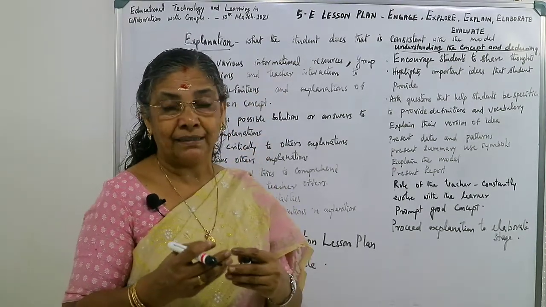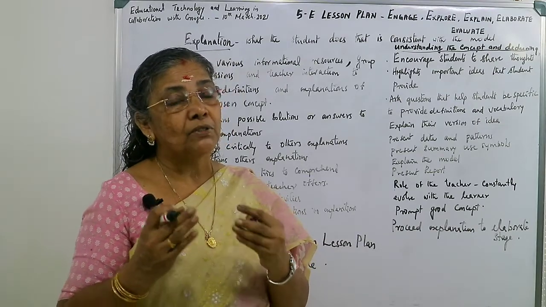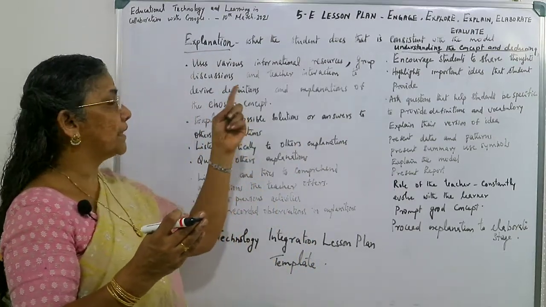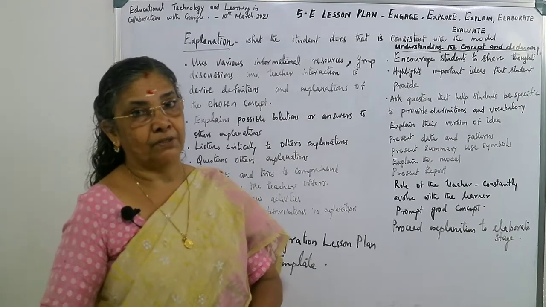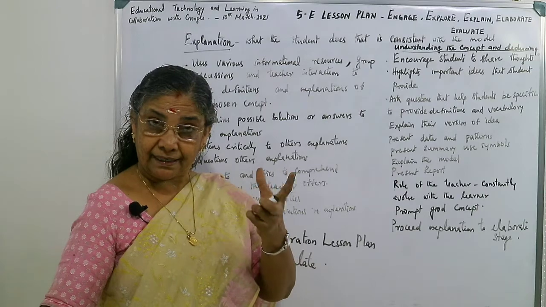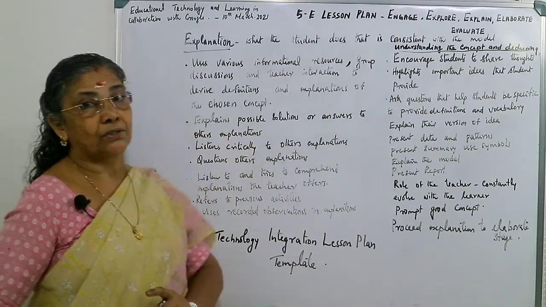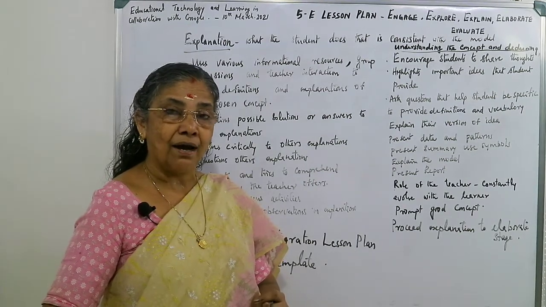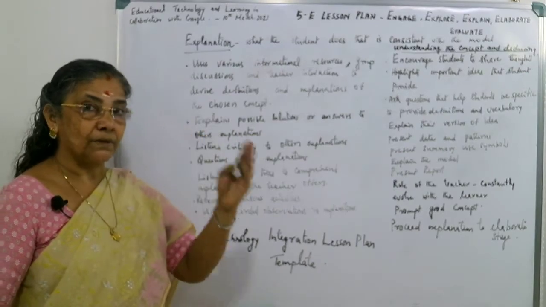Teacher will define, this is a new concept. The children may know about that, but they may not be in a position to define it properly. So the teacher gives the derived definitions and explanations of the chosen concept, chosen topic, chosen vocabulary, chosen term. And explains possible solutions or answers to others' explanation. Several children are there, they started to ask doubts and these doubts are resolved by finding possible solutions.